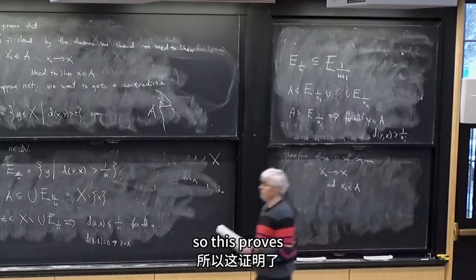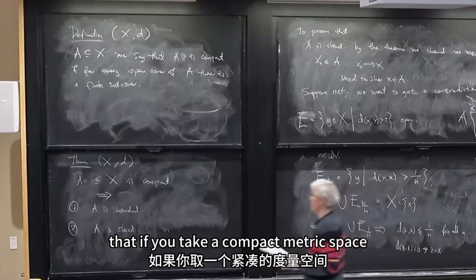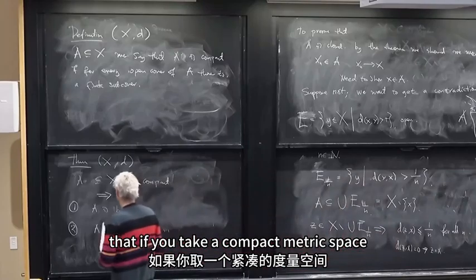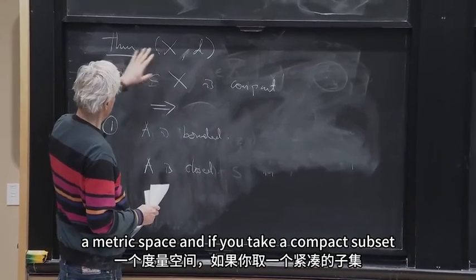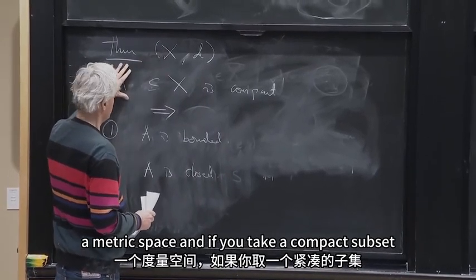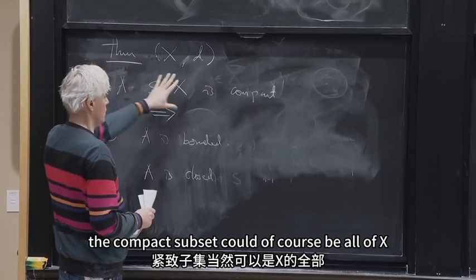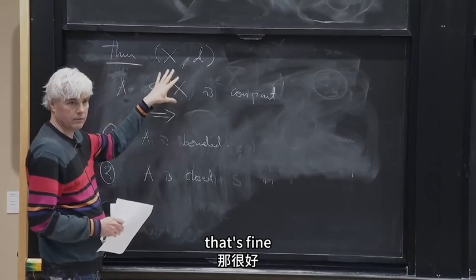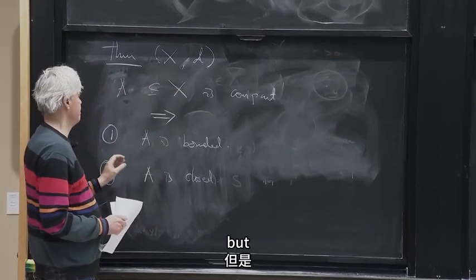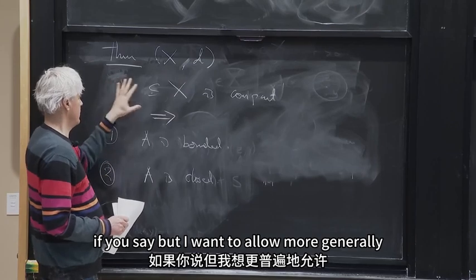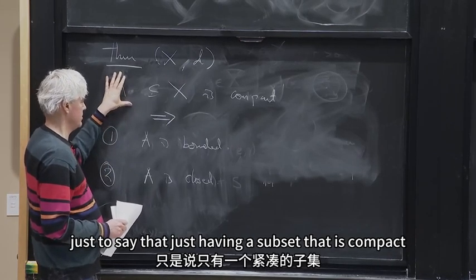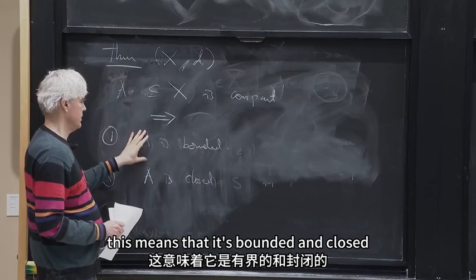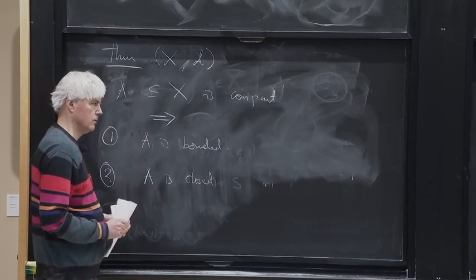So this proved that if you take a metric space and you take a compact subset, the compact subset could of course be all of X. That's fine. But I want to allow more generally just to say that having a subset that is compact means that it's bounded and closed.